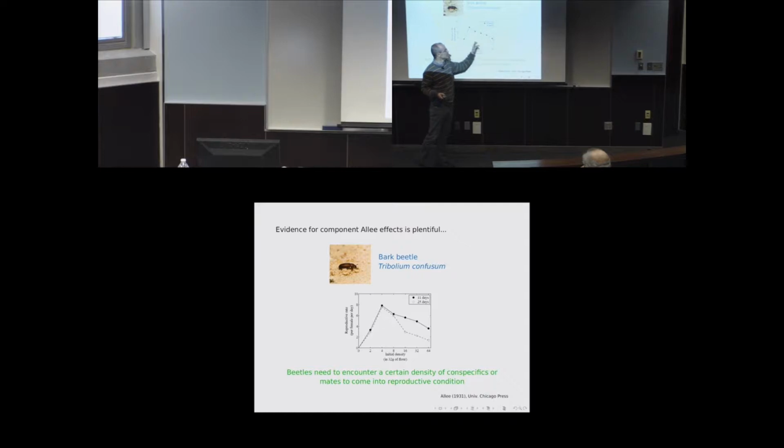This part is a result of competitive interactions, in particular cannibalism in this species, and this part is a result of one component Allee effect, which is related to mate finding, because beetles need to find a certain density of conspecifics to come into the condition of reproduction.